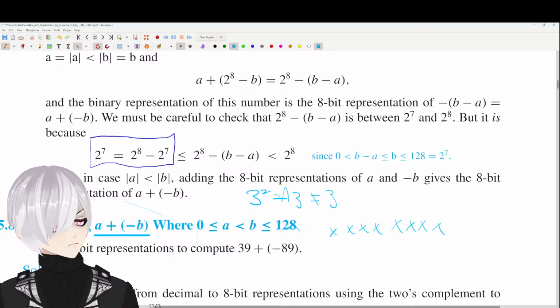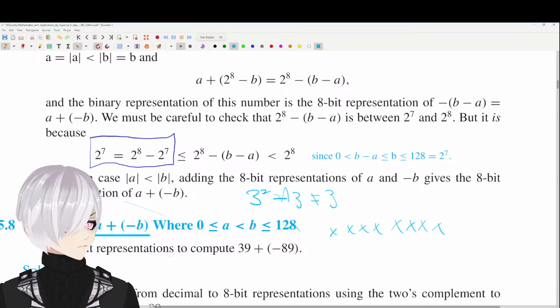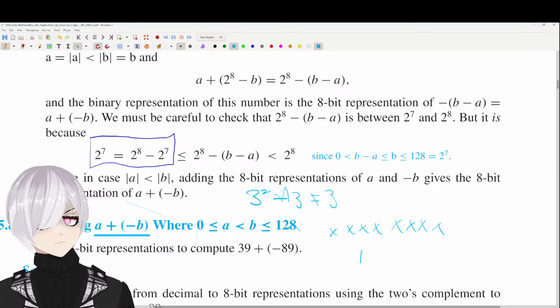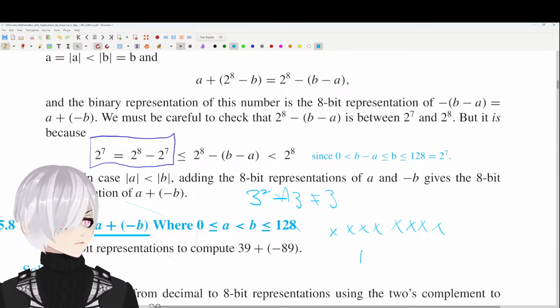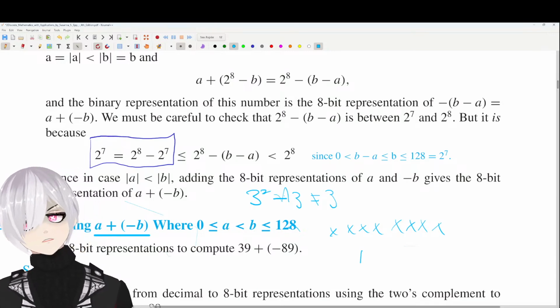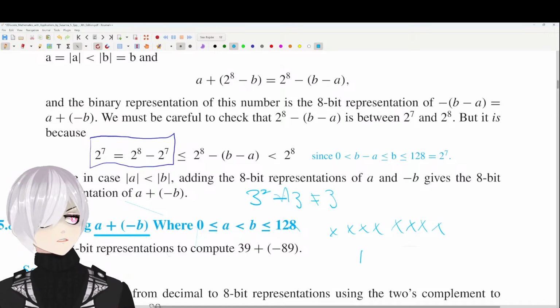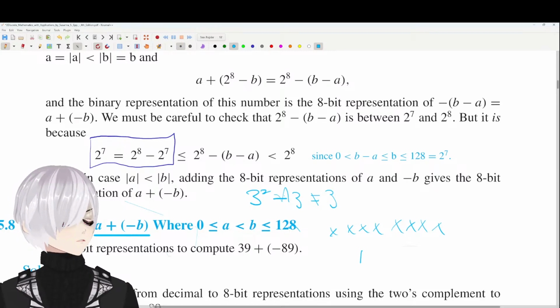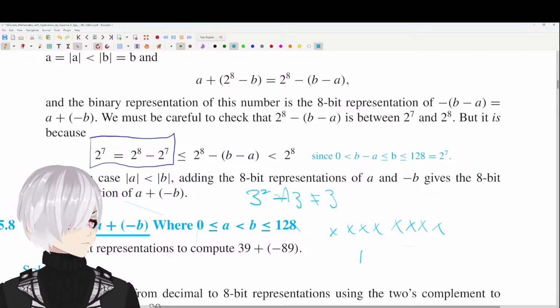We need the 32, and then we need 7 more. So we need the 4, the 2, and the 1.